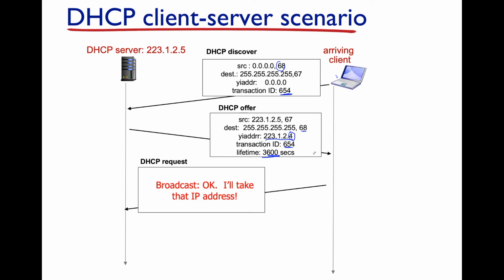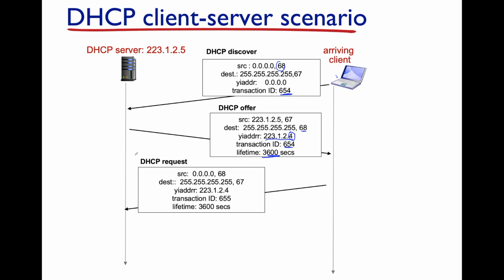Now at that point, it hasn't yet installed that address. And the reason it hasn't installed that address is because it has not yet been reserved by the DHCP server. So this, I'll take it, I agree, handshake, a deal is sealed, that message from the client is also broadcast. So what does it do?